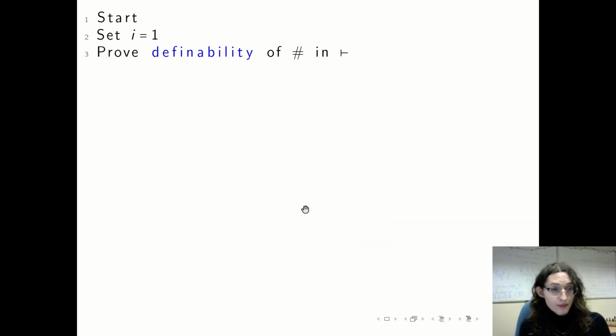So in the first step, we'll take our candidate connective hash as it's defined by its operational rules, and we'll add it to a derivability relation, so to a sequent calculus consisting of the relevant structural rules. And then in the second step, we show that we can actually define hash in that minimal derivability relation. So we prove harmony. We prove, in our case, conservativity and uniqueness of that extension.